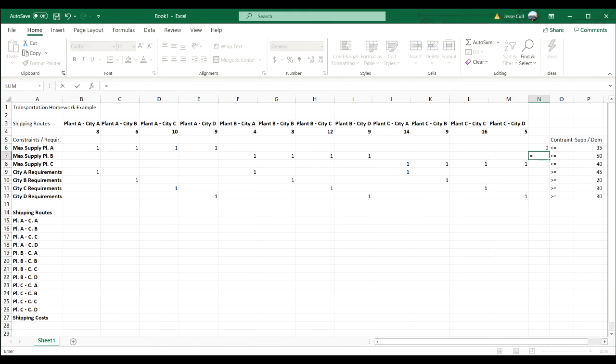We repeat, the cost times the number, plus cost times the number, plus cost times the number, plus cost times the number. A third time.